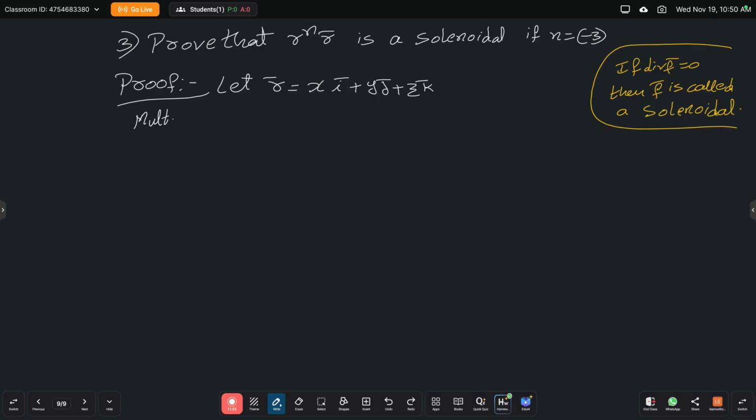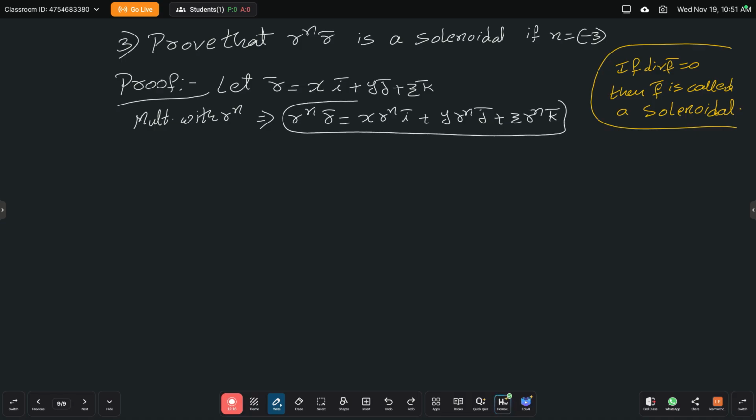R power n is a scalar function in terms of x, y, z. Multiply with r power n on both sides. Then r power n into r bar equals x into r power n into i bar plus y into r power n into j bar plus z into r power n into k bar.